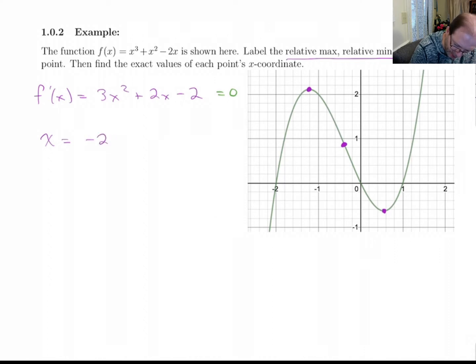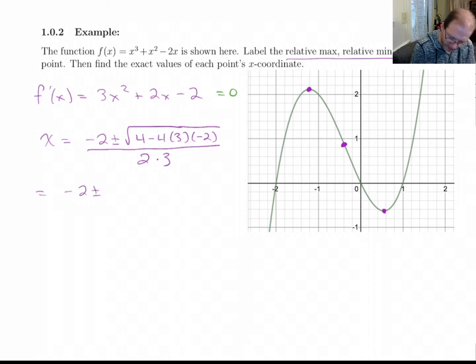We get minus b plus or minus the square root of b squared minus 4 times 3 times negative 2, all that over 2a, 2 times 3. Let's see, 4 times 3 is 12 times 2 is 24 plus 4 is 28.